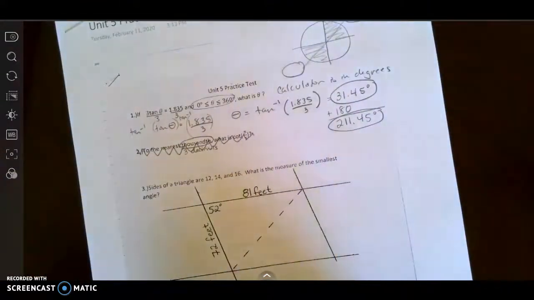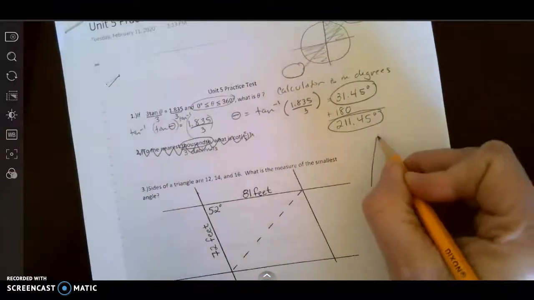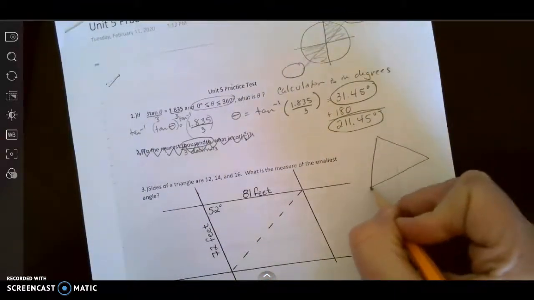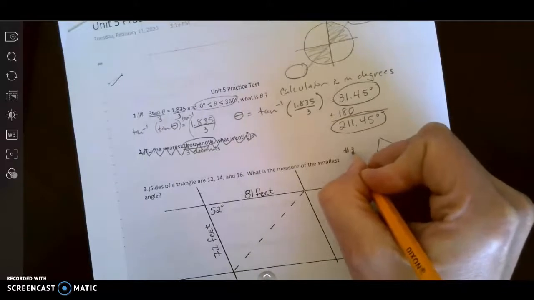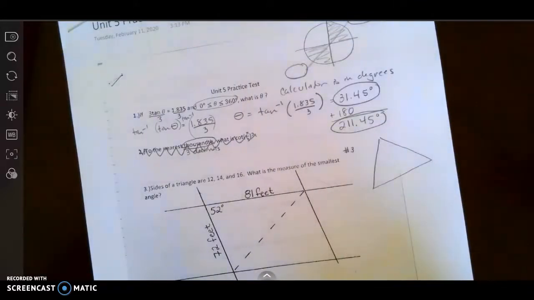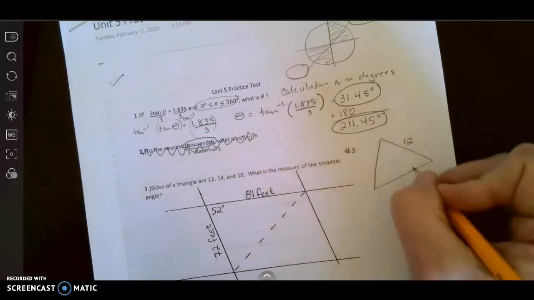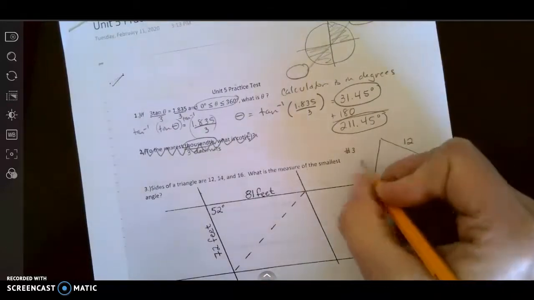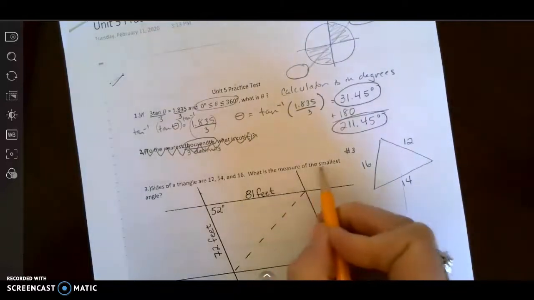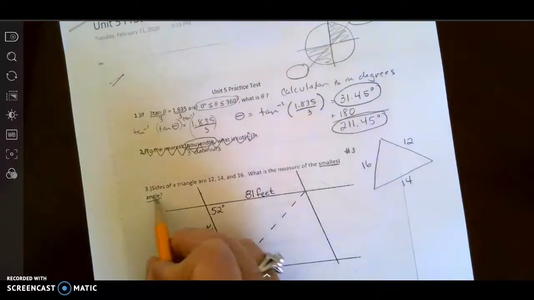So this picture here actually goes with number 4. So I need to draw a picture for number 3. So this is for number 3. And the sides of the triangle are 12, doesn't matter where I put them, 14, and 16. What is the measure of the smallest angle?